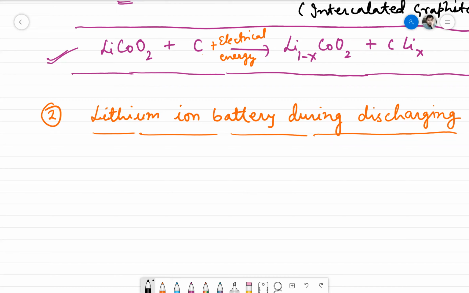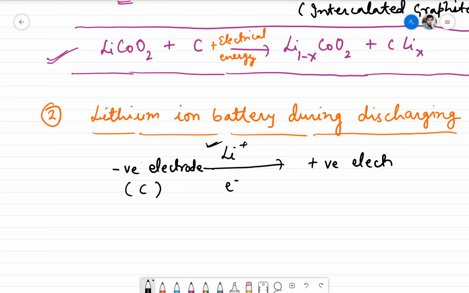In this case, the lithium ions and electrons both flow. First, the lithium ions flow back from the negative electrode. What is the negative electrode here? Carbon. They flow back from the negative electrode to the positive electrode through the electrolyte, and electrons also move from the negative electrode to the positive electrode.